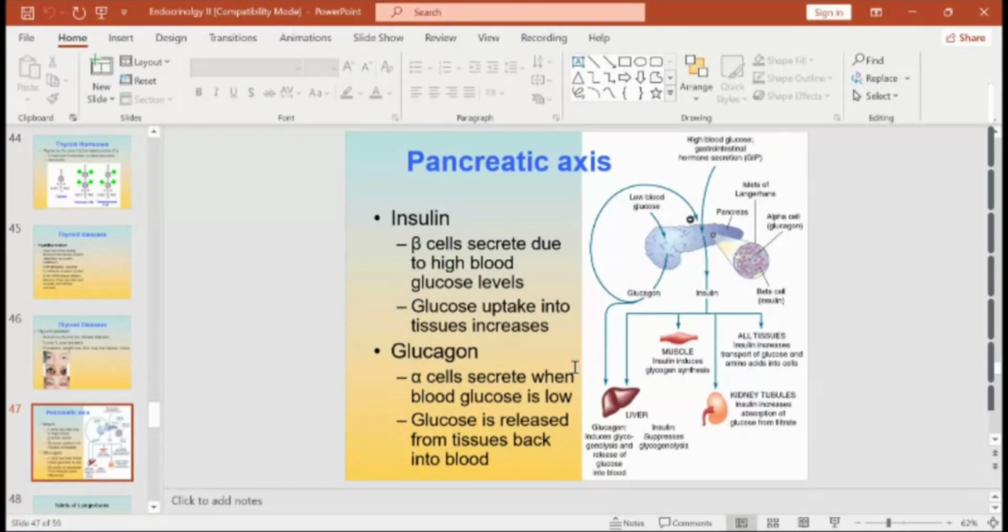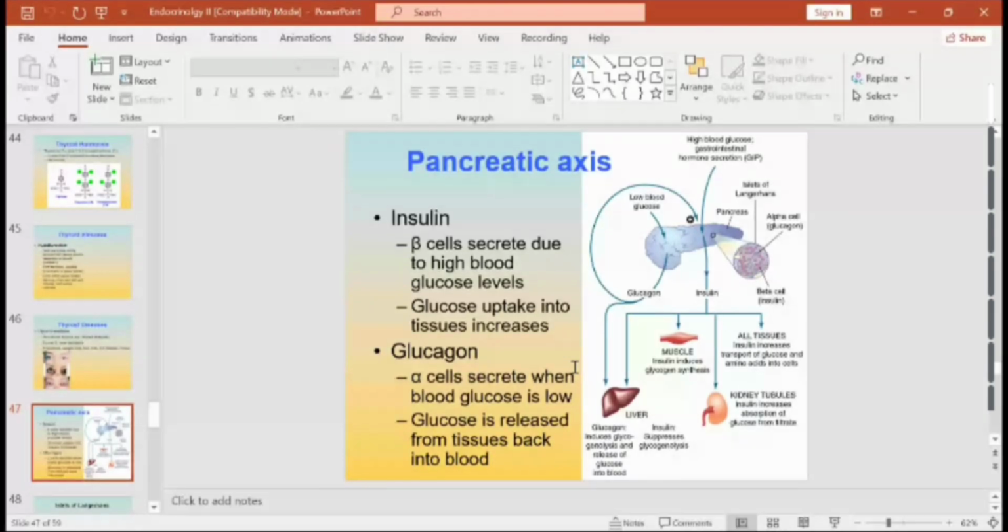These cells that appear like an island are of different types, but the significant ones are the beta cells, which secrete insulin, and the alpha cells, which secrete glucagon. They all have an effect in regulating the sugar level in the body. If the glucose level goes high, it will cause the secretion of insulin from the beta cells, and it will take the sugar level down.